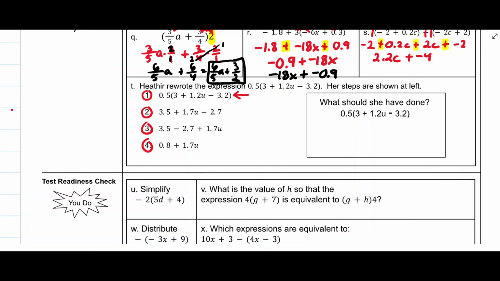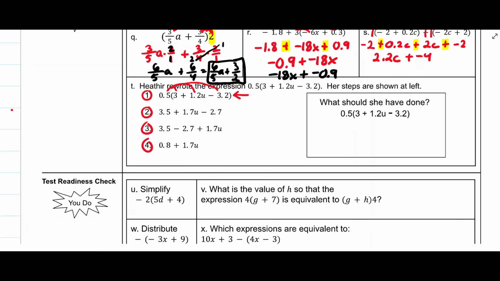But then she's going to move on to step 2. So she went from 5 tenths and 3 to 3 and 5 tenths. Then it looks like she was trying to do the distributive property, and to here, then to here. So 5 tenths times 1 and 2 tenths u, and 5 tenths times 3 and 2 tenths.